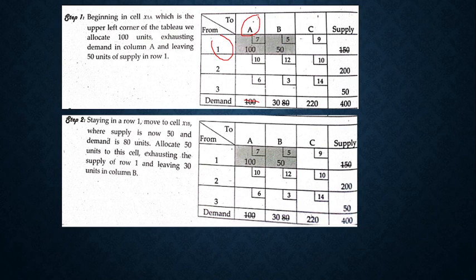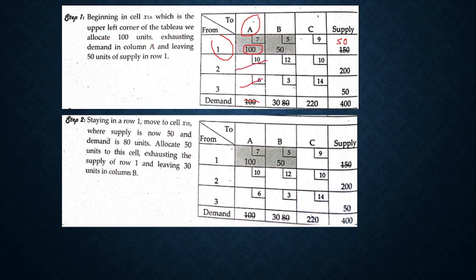Okay? So, the supply of warehouse 1, di ba? Meron silang supply na 150. Di ba? So, 150 minus 100, so meron silang remaining na 50. Di ba? So, ito. So, nag-satisfy na. So, crash out mo lang ito.